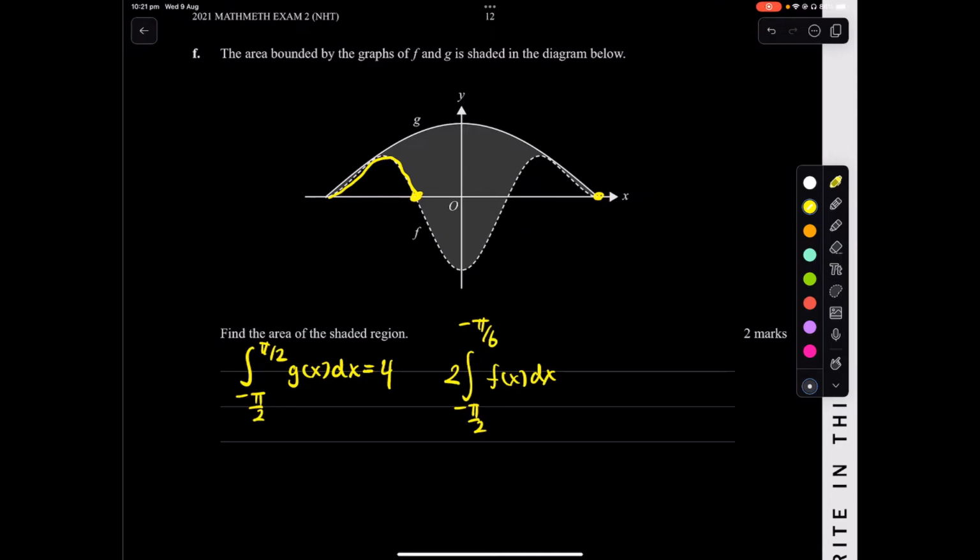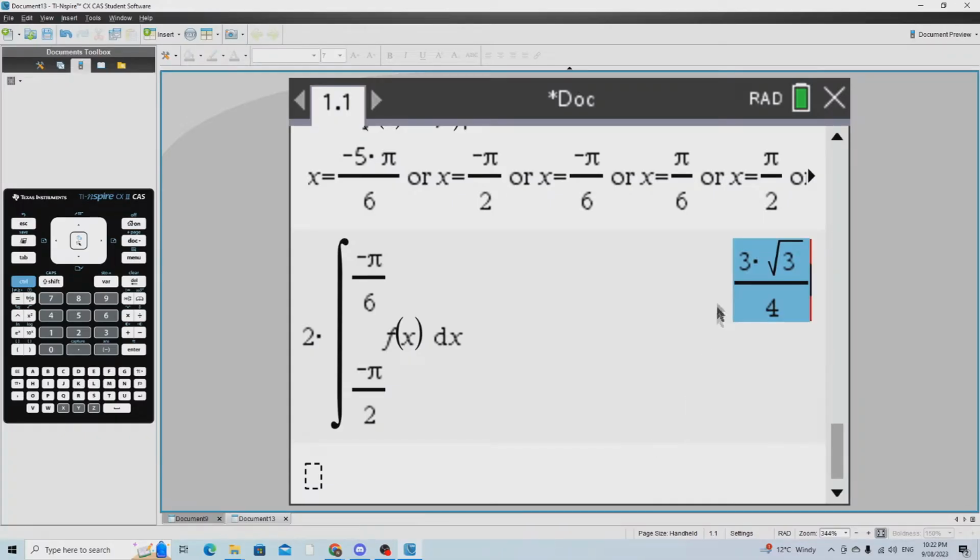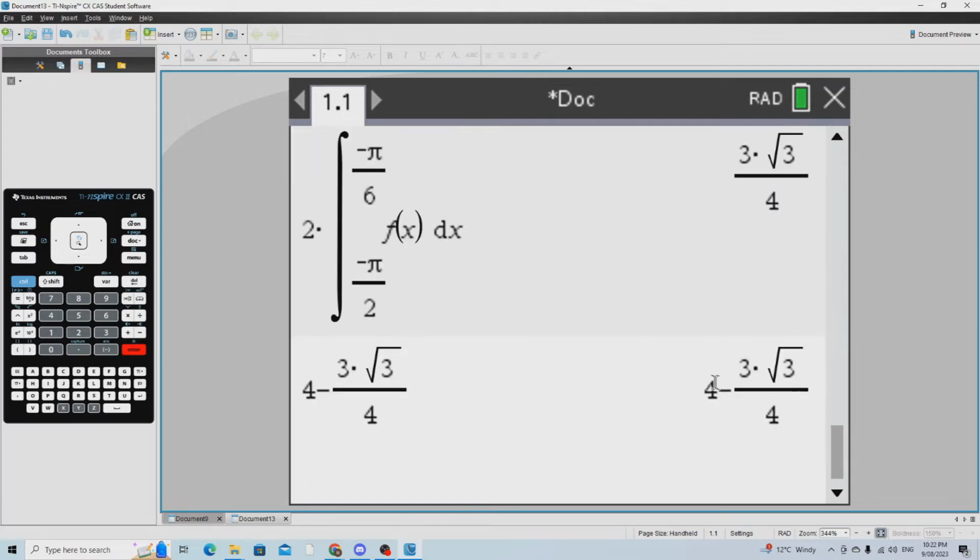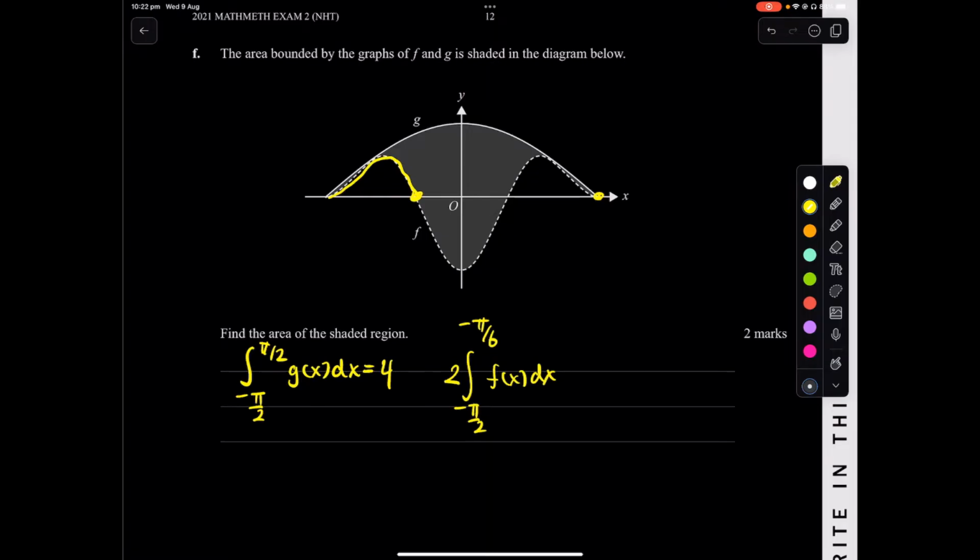So it means that we now know this over here, and we can pretty much minus it from this. So what we have now is we've minus this, and now f of x.